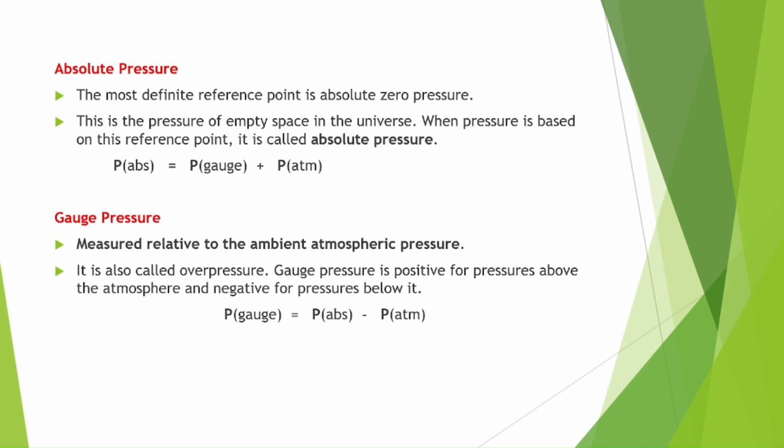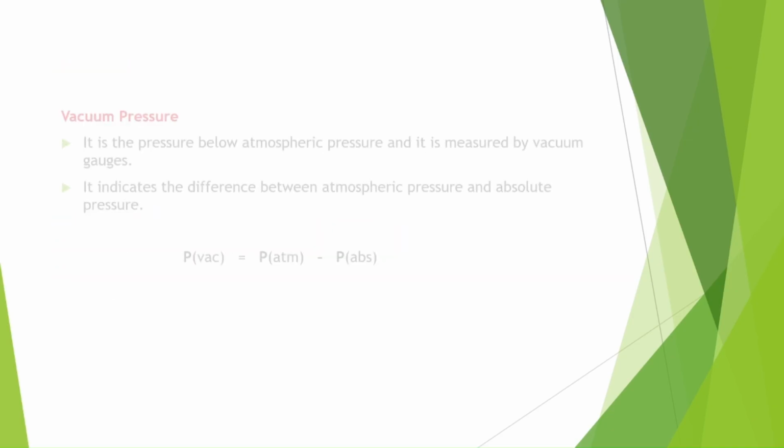And gauge pressure is measured relative to the ambient atmospheric pressure. It is also called overpressure, and it is positive for pressure above the atmosphere and negative for pressure below it. This will be calculated by using absolute pressure minus atmospheric pressure.